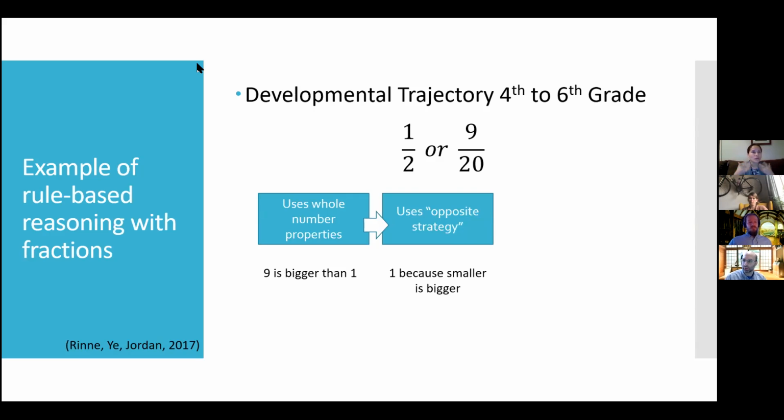They're using rules that they're developing, partial, but nevertheless rules to help them figure out what to do. Then eventually in 6th grade you see a more normative pattern of using fraction properties, really understanding that 9/20 is less than 1/2 because it has less magnitude.